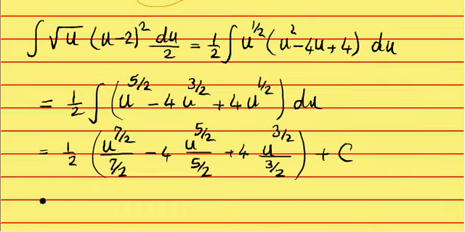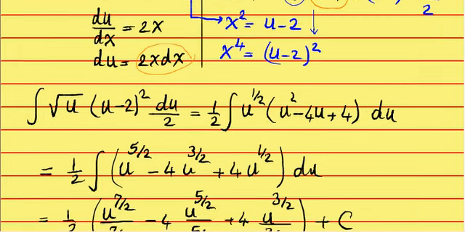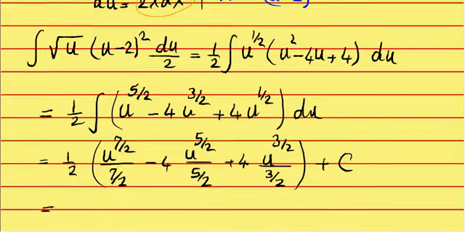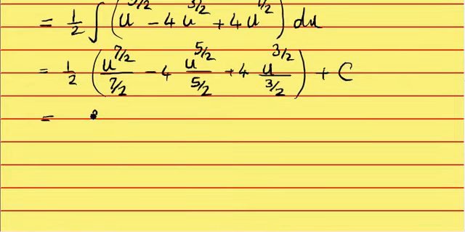Now I have to clean up. This 2 gets rid of the 2's in the denominators. Instead of u, I have to go back and do the substitution. U was 2 plus x squared. So I come back here. So this is 2 plus x squared to the power of 7 halves divided by 7.